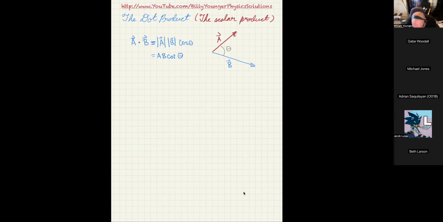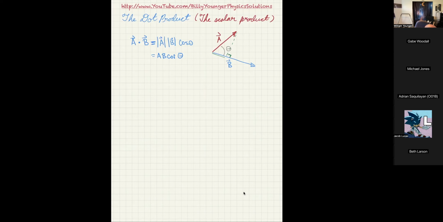In order to do this, I can draw that line right there and let that represent the line that's perpendicular to B. And now what I have is this guy right here.